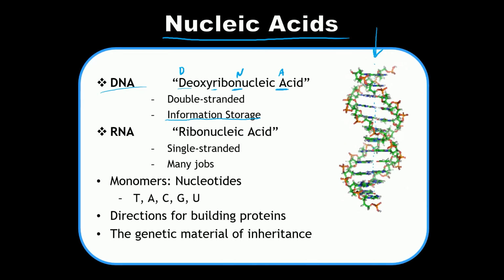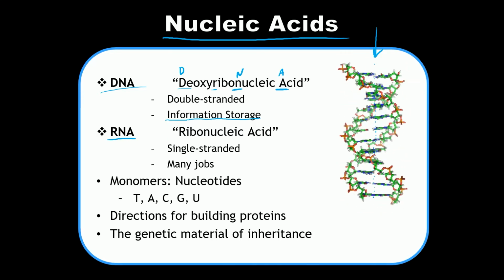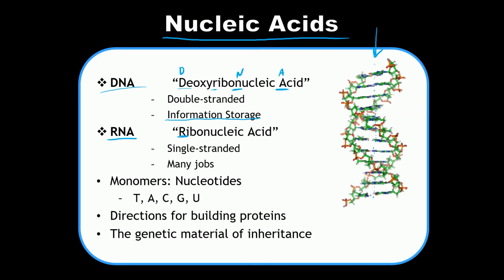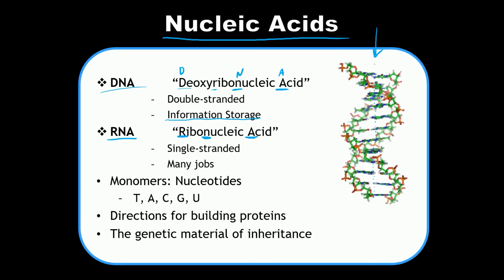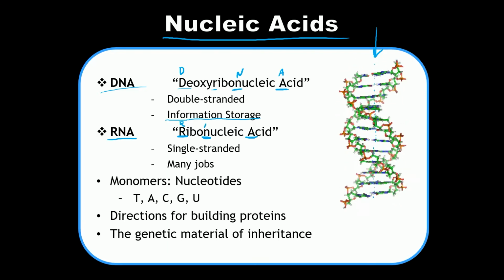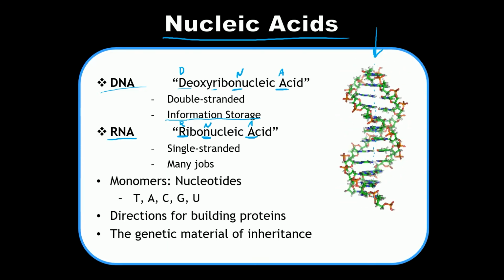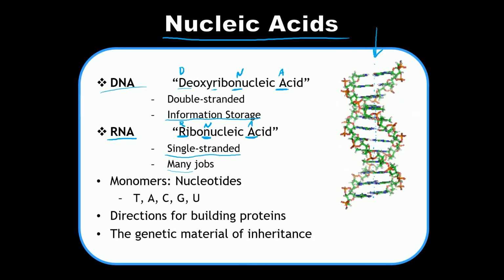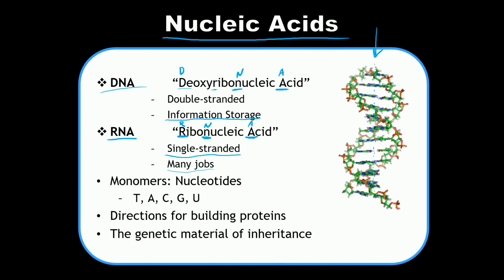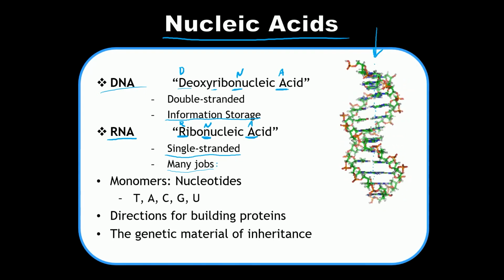Then we have this other kind of nucleic acid, which is called ribonucleic acid. So RNA, again, Na stands for nucleic acid, and that is a single-stranded molecule. So you don't get the 2 halves twisting around each other, you just get 1 string of RNA. And RNA has a lot more diversity in its function. DNA only has the one job, storing information.